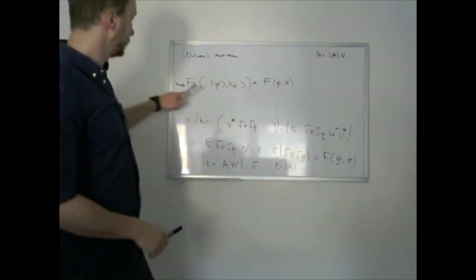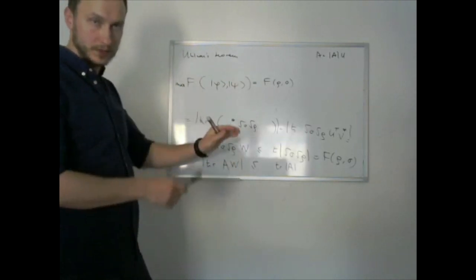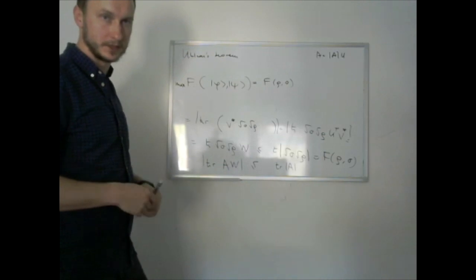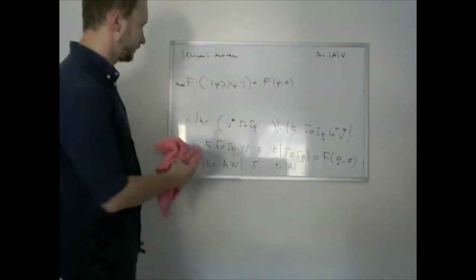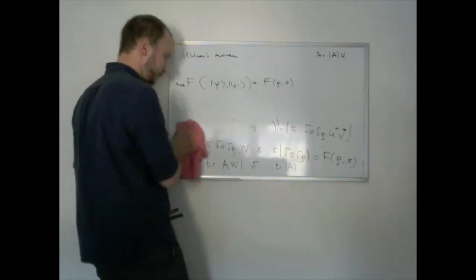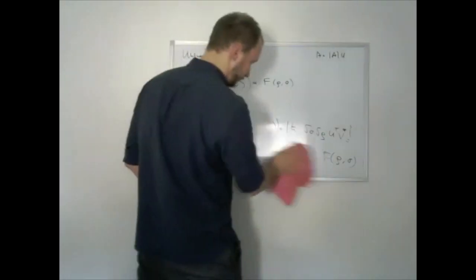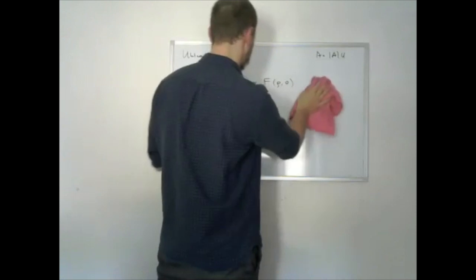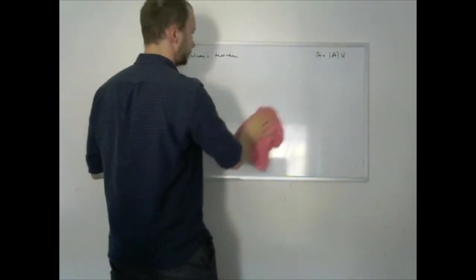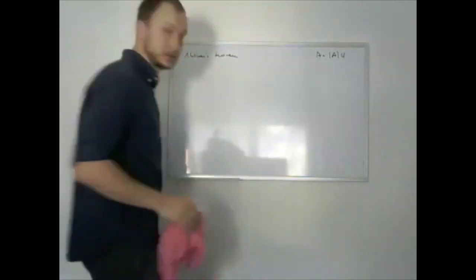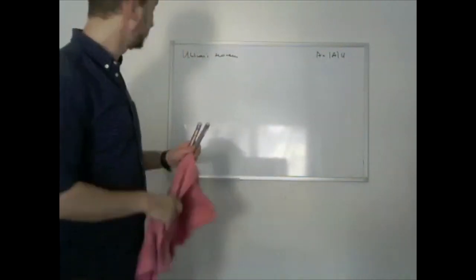So you don't need the maximum over all purifications. You can fix one and just maximize over one of them. Yes, so, okay, we proved Uhlmann's theorem, but again, it was quite long, unfortunately. But okay, we have more lectures, so it doesn't really hurt us not to go slowly.